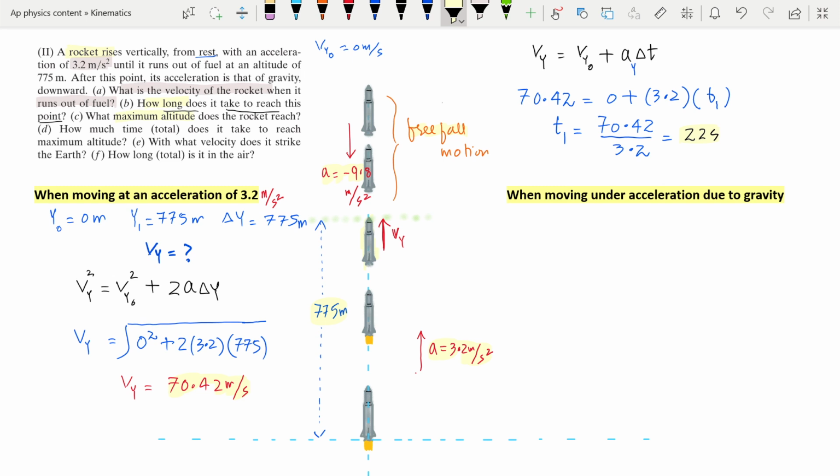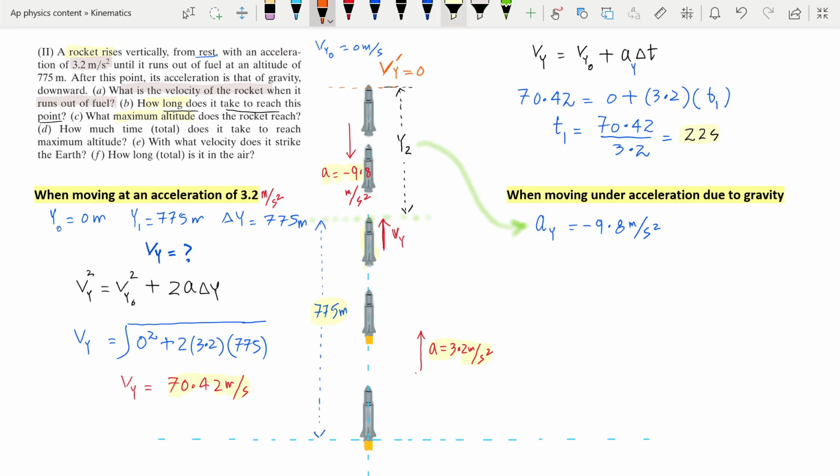It means that if you now find out this vertical displacement, let's say it is y2, and then add it to 775, that will be the maximum vertical displacement. Now in this segment of motion, you know very well that acceleration is negative 9.8 meter per second square, whereas it finally stopped at this point where its final velocity, let's say v prime y, is equal to 0.